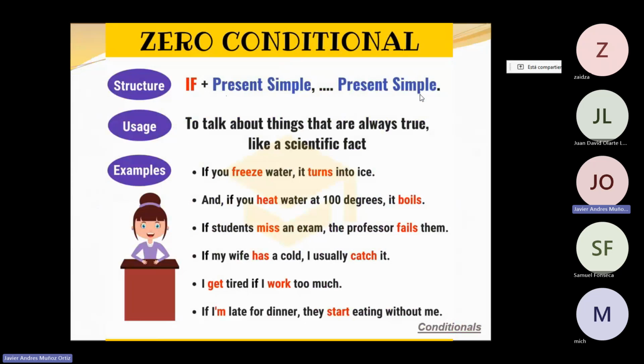This is going to happen in Colombia, in Brazil, in Medellin, in the air, in the dirt, in Paris, in Bogota, whatever, right? This is something that's always going to happen. For this reason, we use simple present tense as a condition and simple present tense as an effect.